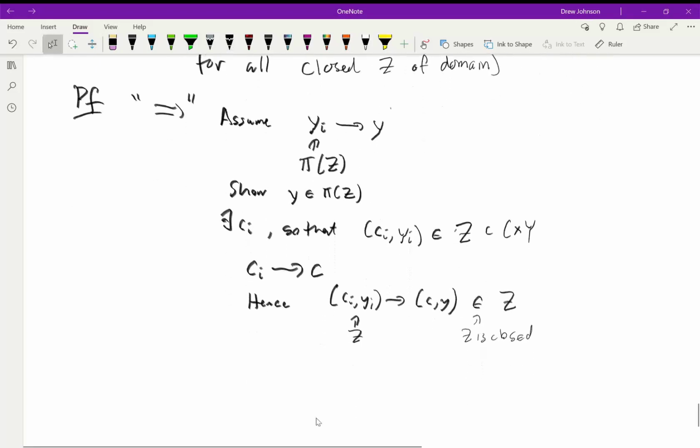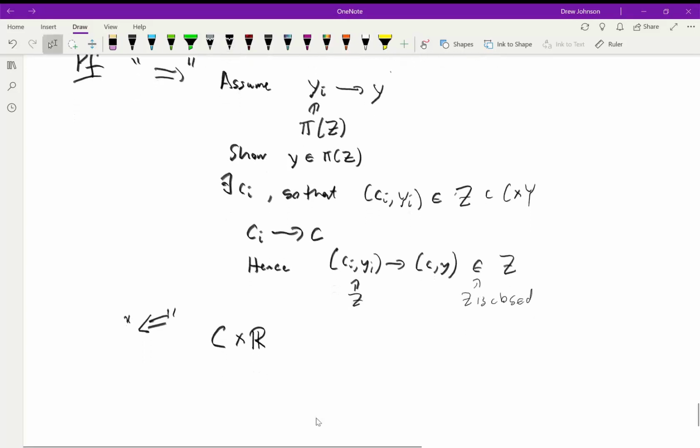Let's do the other direction. Let's take C cross R and assume that the projection down to R is closed. Now say we're given any sequence in C, and we're going to take pi of the closure of that sequence together with 1 over i. So here's an arbitrary sequence in C. We're going to add in the 1 over i's and then take the closure of that set.